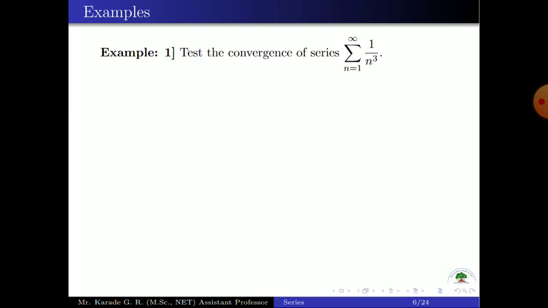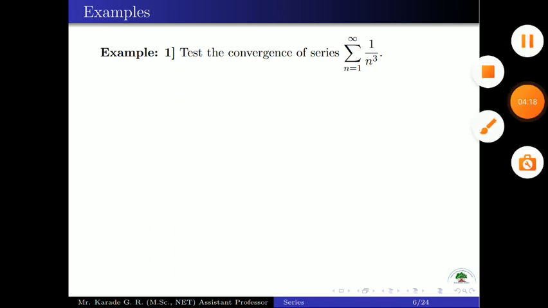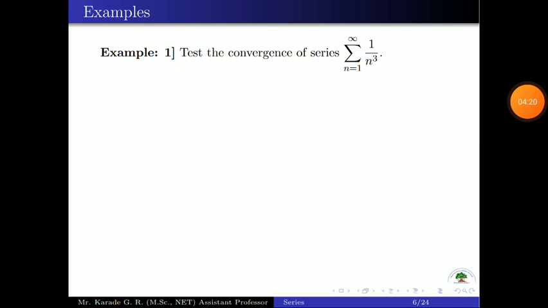Let us see some examples. Example number 1: test the convergence of the series summation 1 upon n cube, n equal to 1 to infinity.